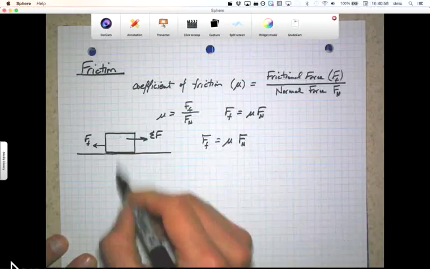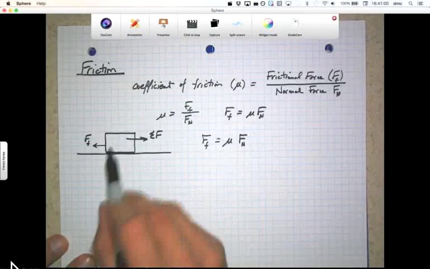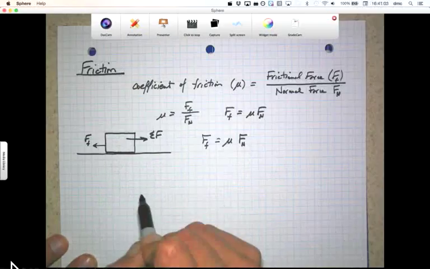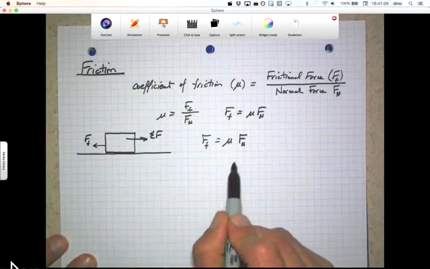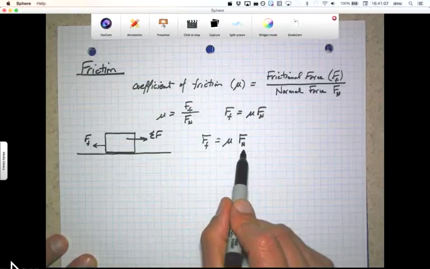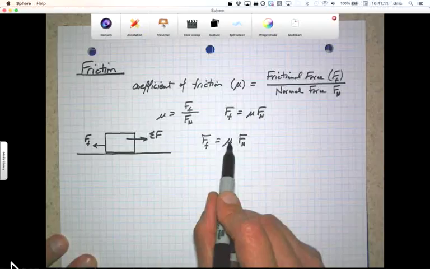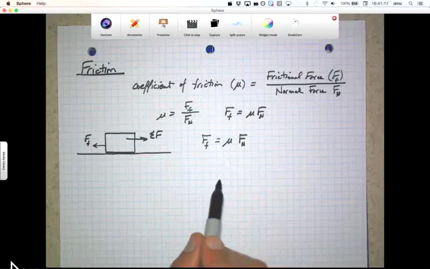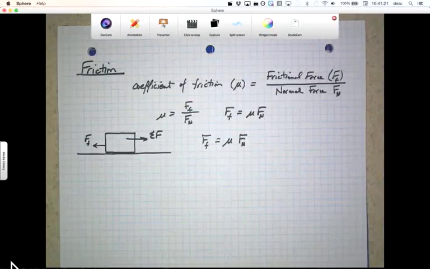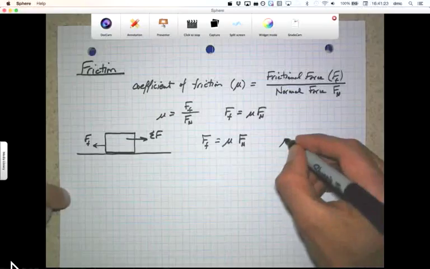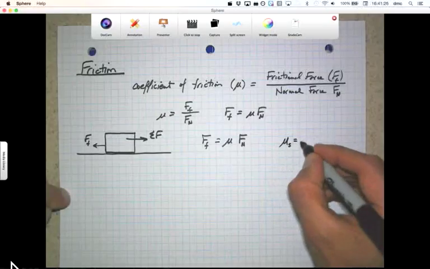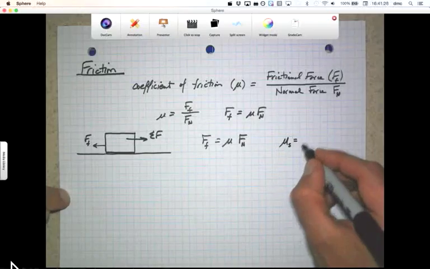So the more mass that this thing has, or the more force between the two surfaces, is the way we want to look at it, is what is in there. Now the question is, is it the static coefficient of friction or the kinetic coefficient of friction? So for example, let me go back to this one, let's just say it was steel on steel, the dry steel on steel. So mu sub s, the static, is 0.8.